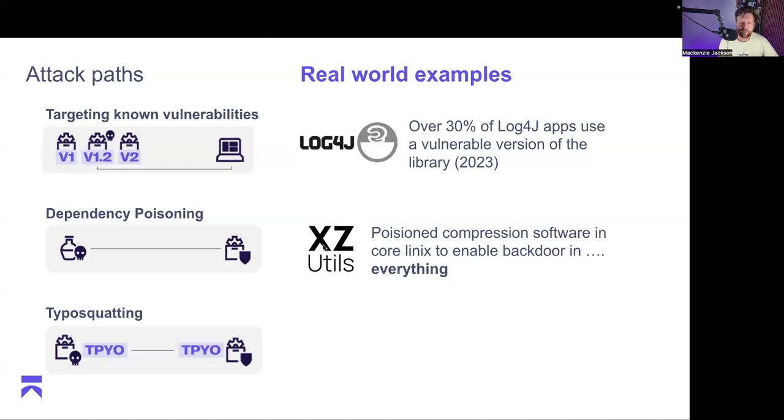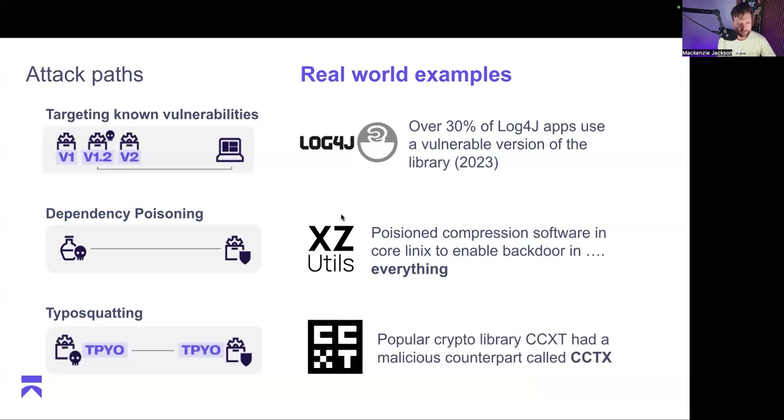When something's poisoned, it's because someone's stolen access to a dependency, or there was a really famous case last year called XZ Utils, where someone spent years pretending to help on a project so that they could become trusted in the community, and then they injected malware into it. This was another example where almost the entire internet went down, because this is another thing that's in almost everything, and the malware they put in there was horrible.